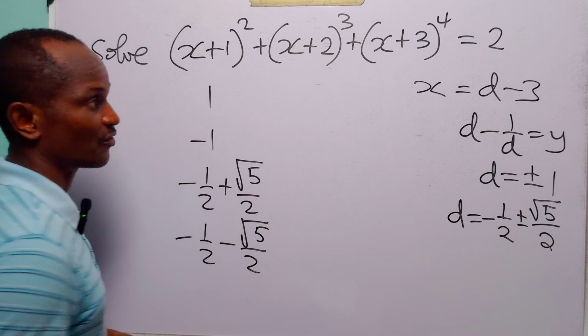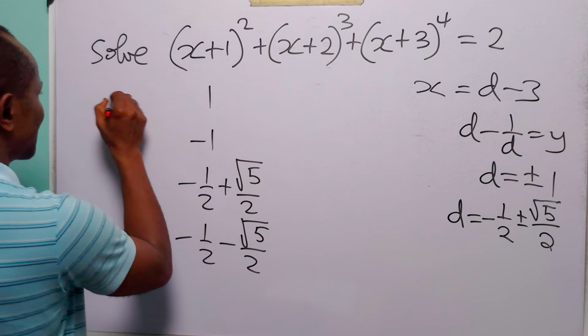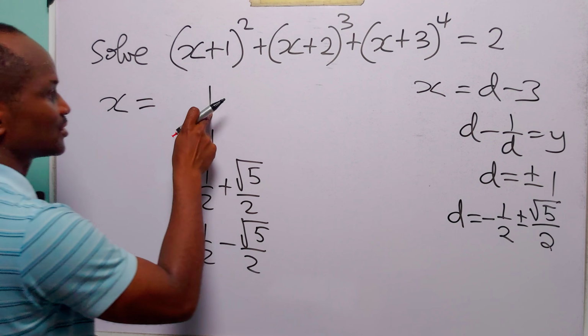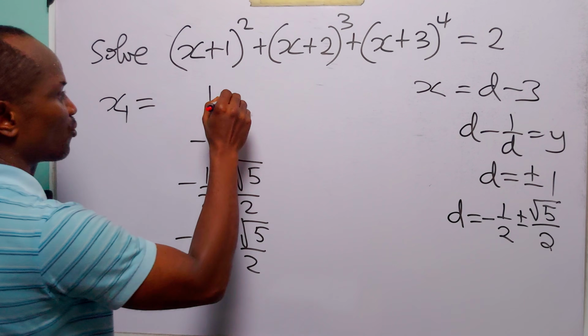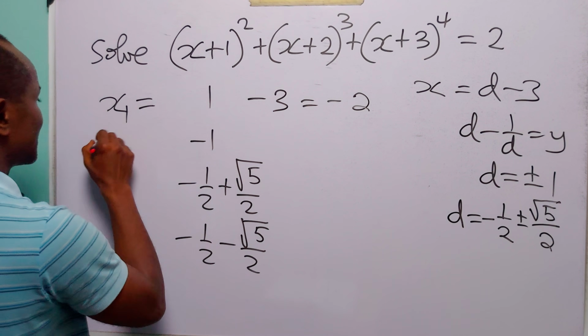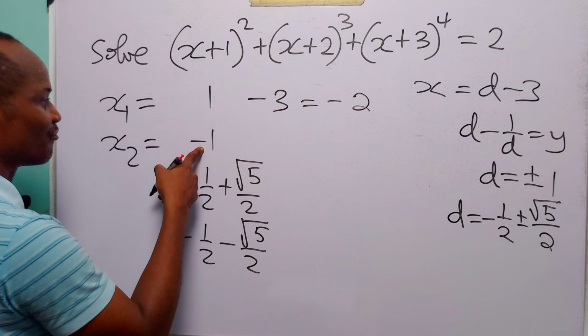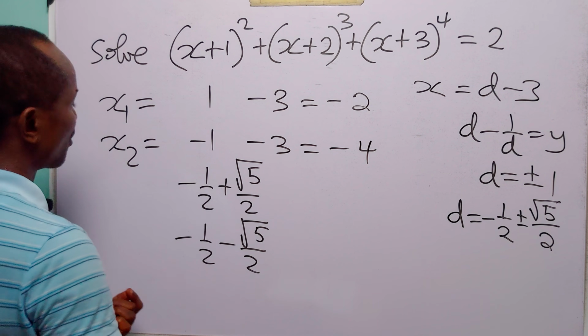Now to find the values of x, we go back to this substitution equation. We have that x is equal to d minus 3. So in this case, we have 1 minus 3, which is minus 2. In the second case, we have minus 1 minus 3, which is minus 4.